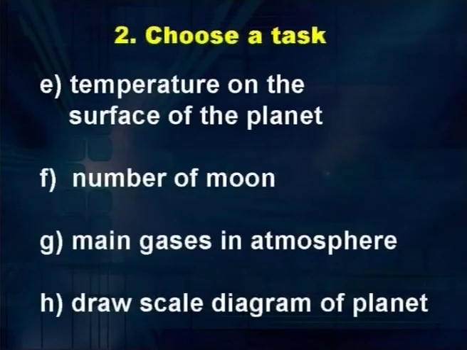Our next 4 areas on the screen: temperature, the number of moons that a planet has, the main gases found in the planet's atmosphere, and one good artist in your group may draw a scale diagram.